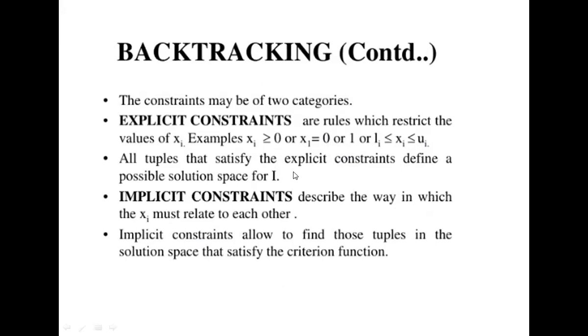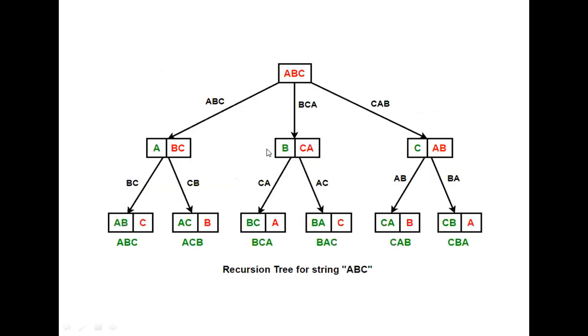So implicit constraint means here we have some constraint in the above example. Just consider that B is not placed in between A and C. So in this diagram, our constraint is B is not placed between A and C. For example, in this path A, B, C, B is there, so this is not the solution, because of the implicit constraint.